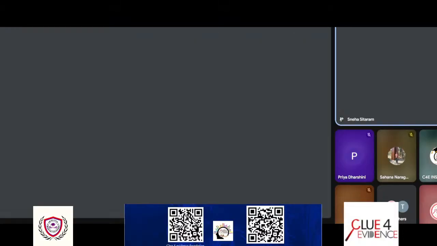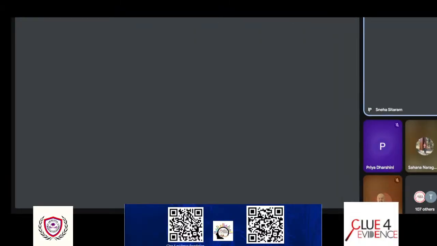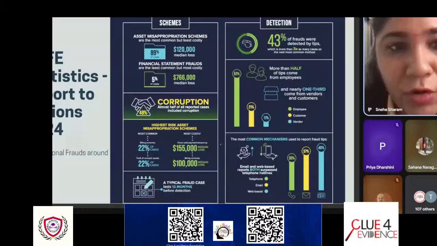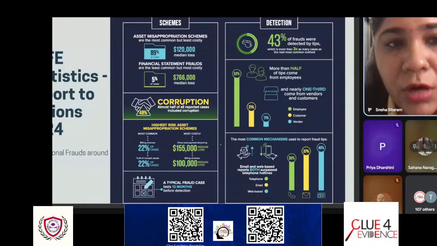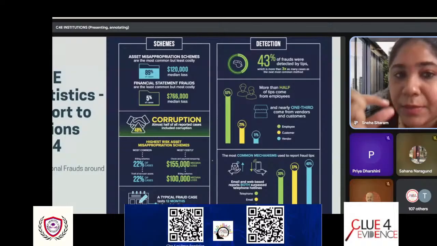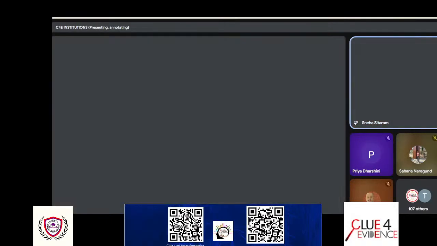And if you can see here, there are three types: the asset misappropriation scheme, the financial statement fraud scheme, and corruption. Overall, you'll notice that asset misappropriation is happening on a larger scale.